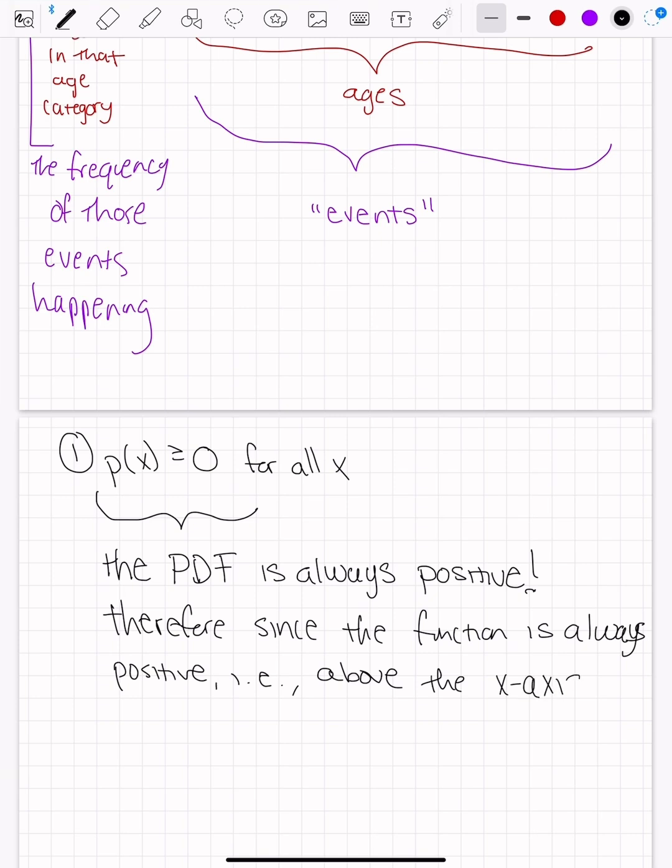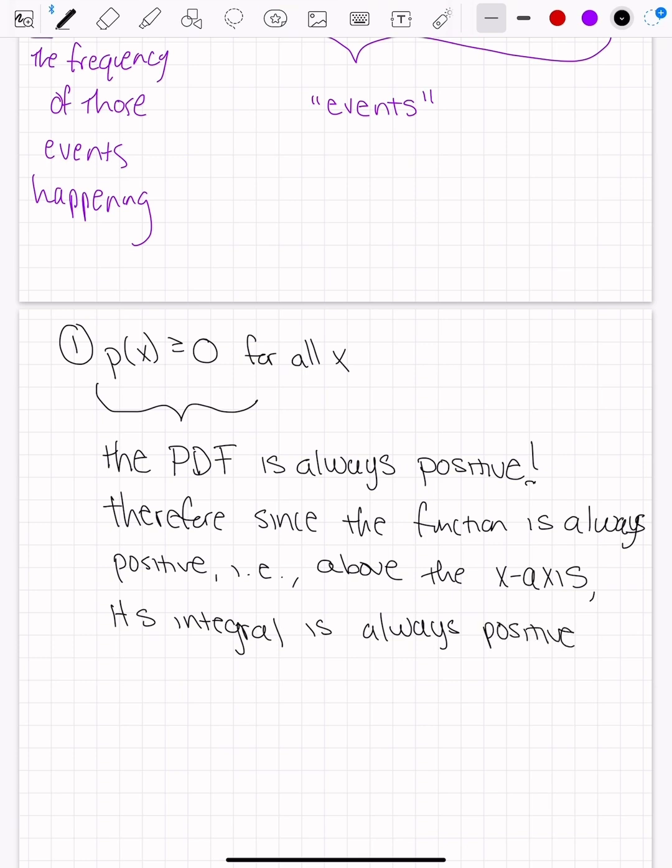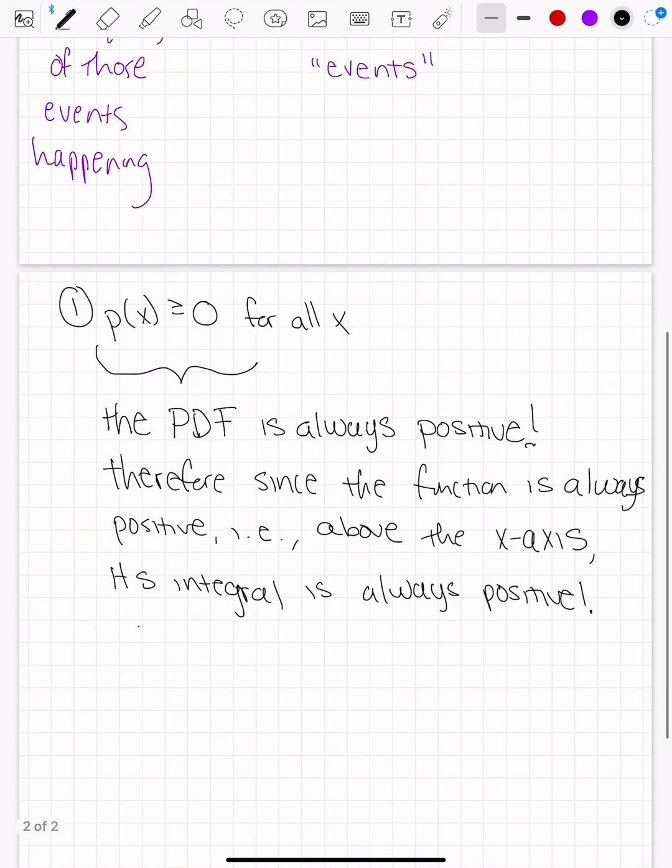Remember, all areas above the x-axis are positive, so its integral is always positive as well, right? So we get that the integral from a to b, any a and b, of p of x dx is always greater than or equal to 0.